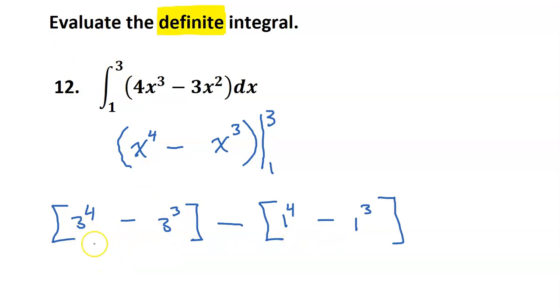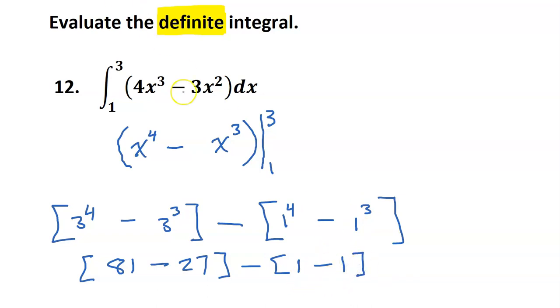So 3 to the 4th power, that's going to be 81. All right, so now I've got 81 minus, and then 3 to the 3rd power is 27. Okay, and then minus, and 1 to the 4th power is 1. 1 to the 3rd power is still 1. Whoa, I meant to put 1 right there.